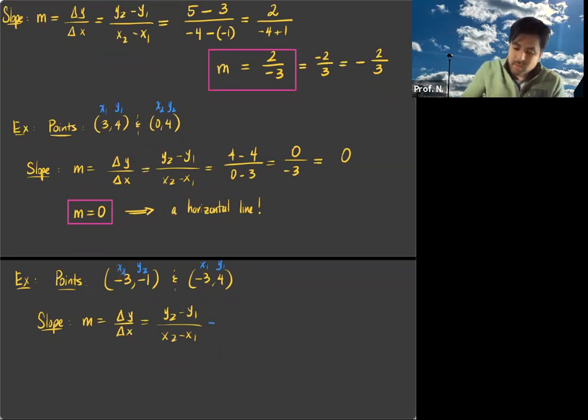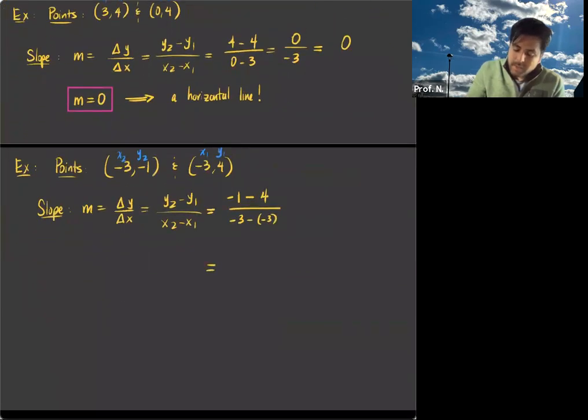I just have to be consistent with naming them. So y2 here would be -1 minus 4 over, and then x2 would be -3 minus -3. And when I do that, I get -5 in the numerator, and I get -3 plus 3. So I get -5 over 0.